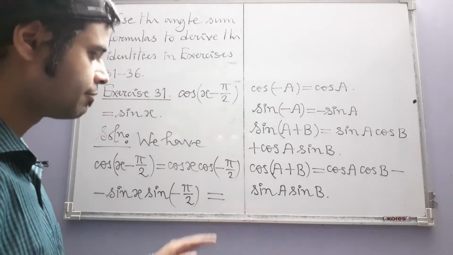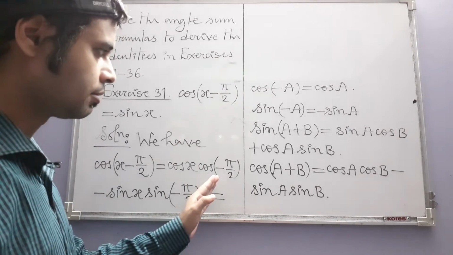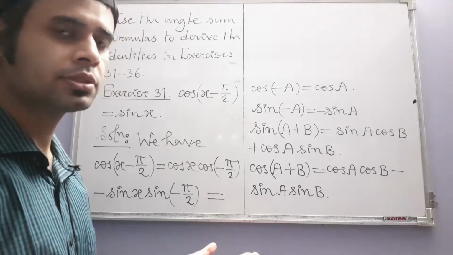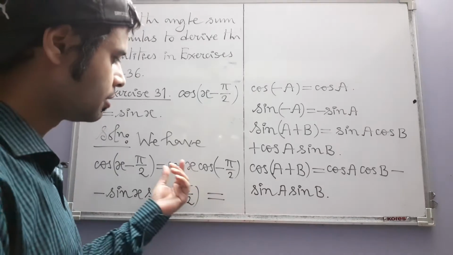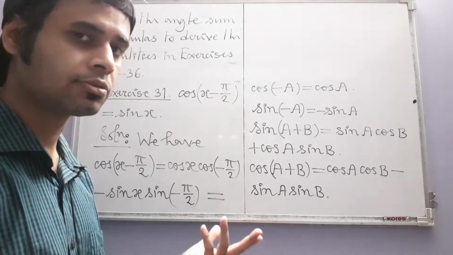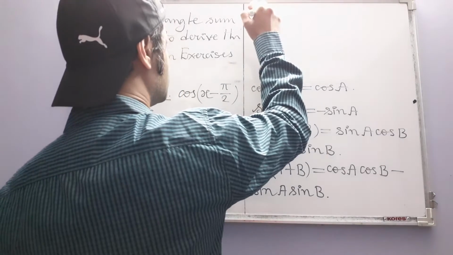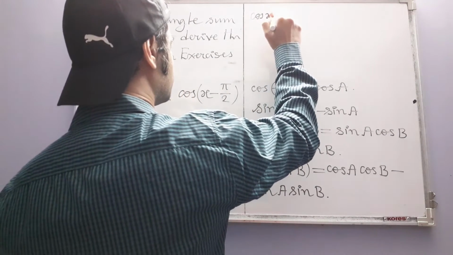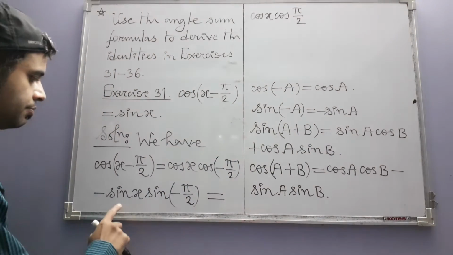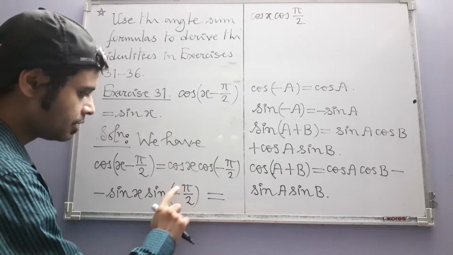It's also not advisable to always fall back on the definition all the time, because ultimately you have to learn to use the formulas to your advantage. The more you can use the formulas and the relations, the faster your calculations will be. So let's just use these things here. That means this is equal to cosine of x times cosine of pi over 2, and then if you use this one, this will be minus sine pi over 2.